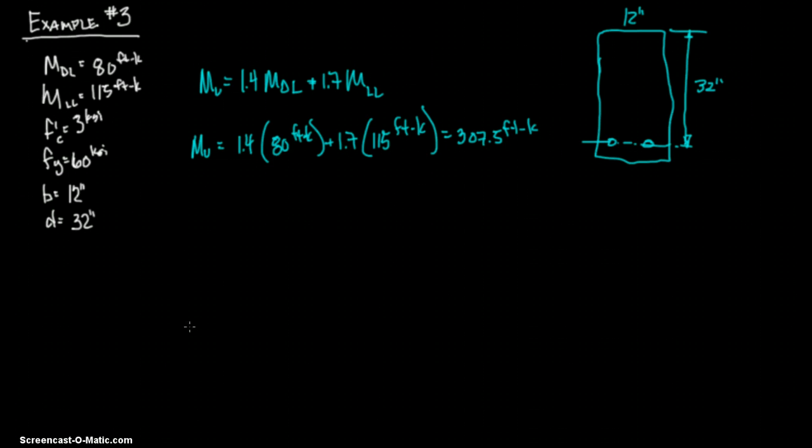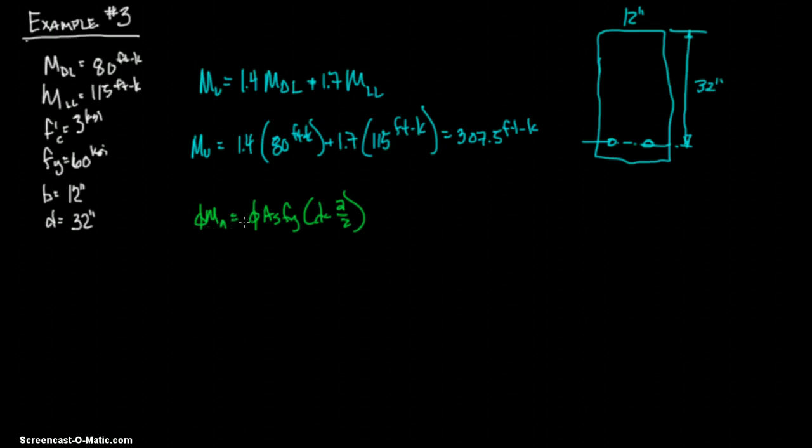There are a few ways you could do this. You could do a plug and chug and use this equation again, phi Mn equals phi As fy times d minus a over 2.